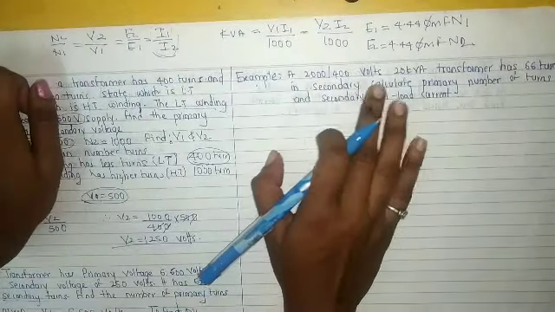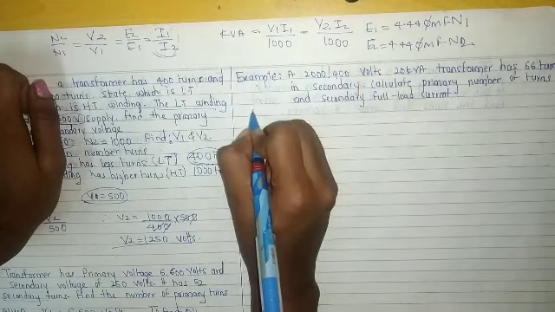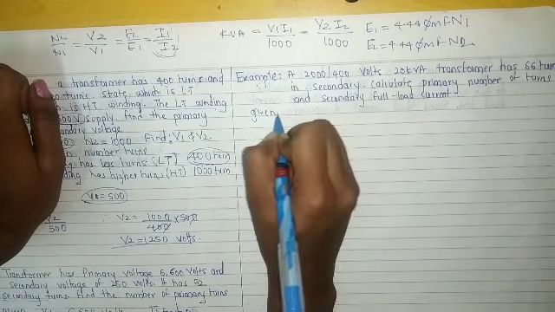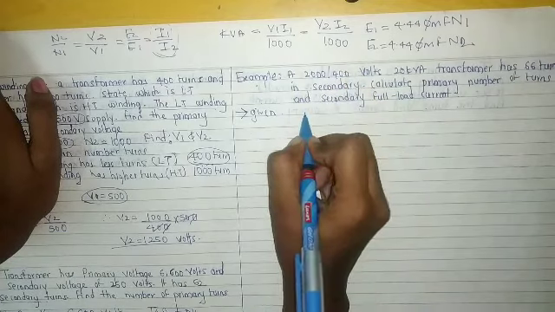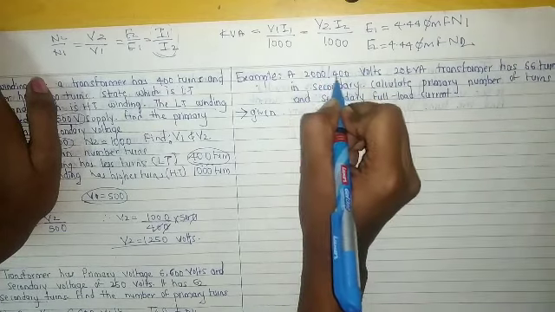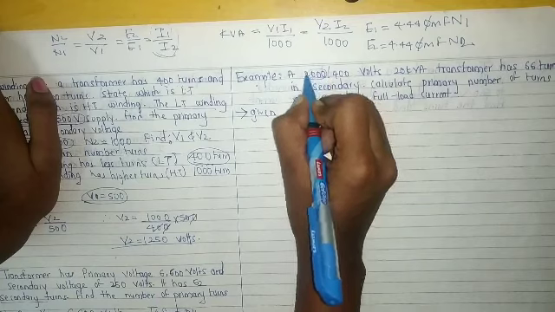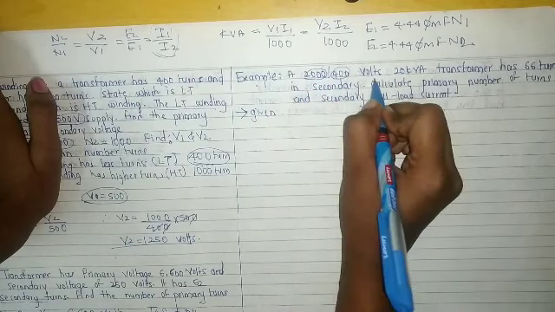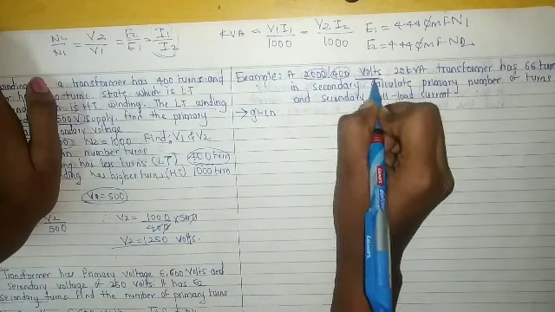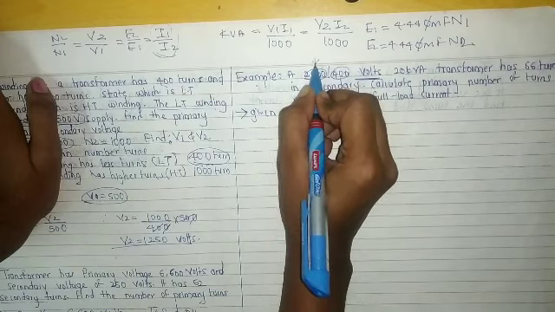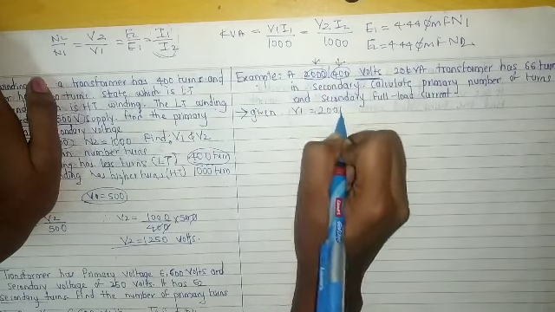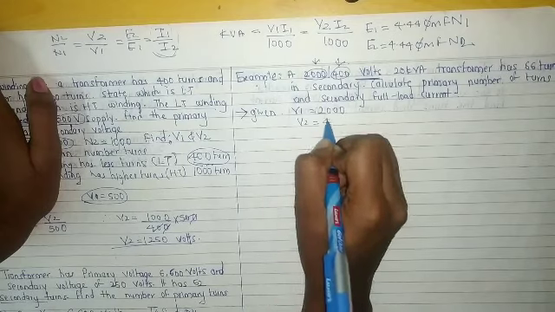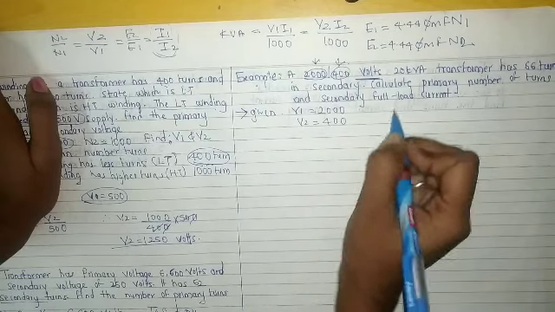2400 volts. Given data. So what is given here? 2400. So they have given us in ratio 2400 volts. They have given volts, right? So that means this is primary, this is secondary. So we'll write V1 is equal to 2000 and V2 is equal to 400, right? 20 kVA.